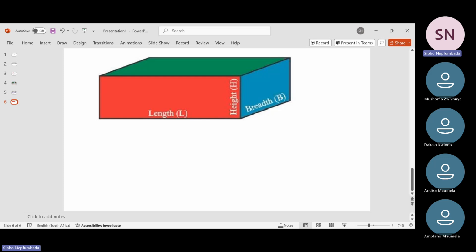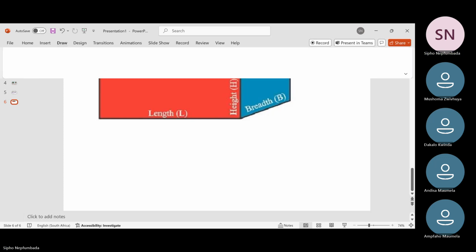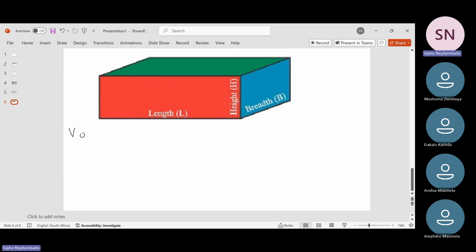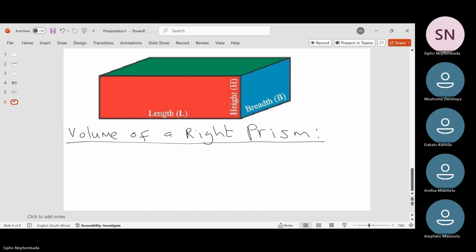So now the volume of a right prism says volume is equal to length multiplied by breadth multiplied by height. Are we good? Yes. Are you satisfied?